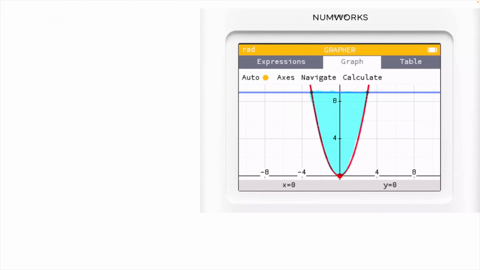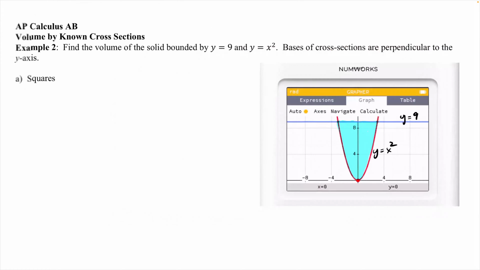So we got y equals 9, and then we got y equals x squared, right? All right, there's our picture.